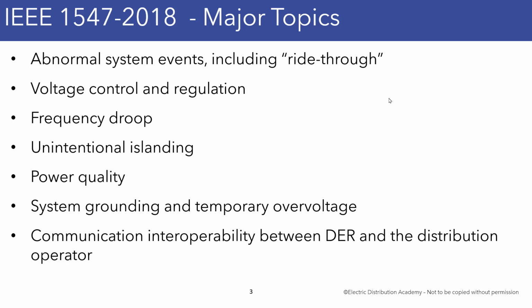And then there's communication interoperability. The DER needs to provide these communication interfaces, and it needs to supply one of three protocols, which are DNP3, SunSpec Modbus, or IEEE 2030.5.